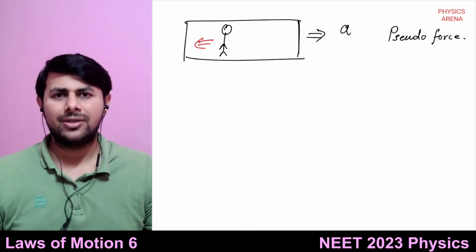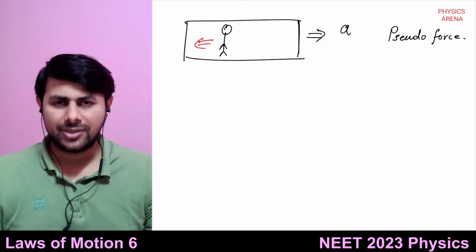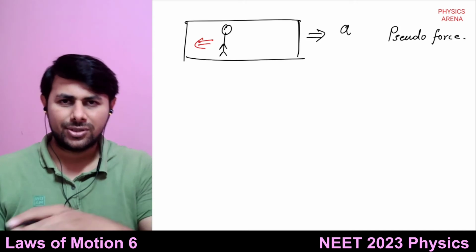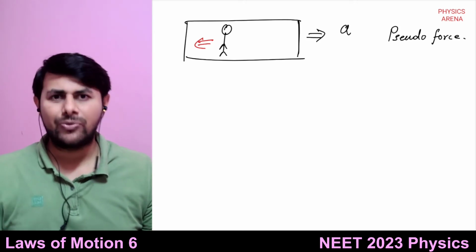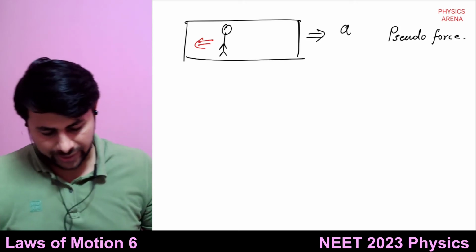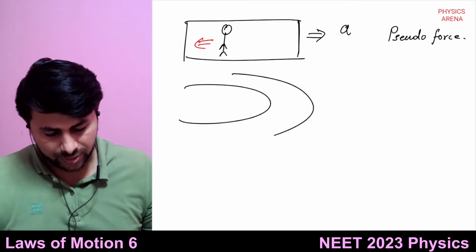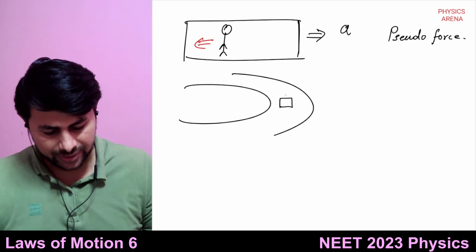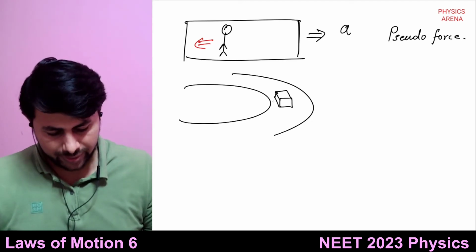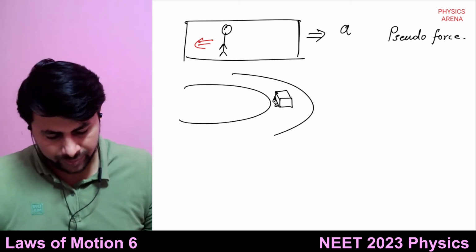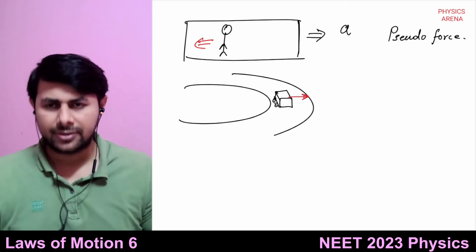Another example, in circular motion, what happens? The vehicles, they tend to slide outwards of the circle, okay. So if suppose there is a vehicle like this, moving on the circular road, it tends to slide like this.